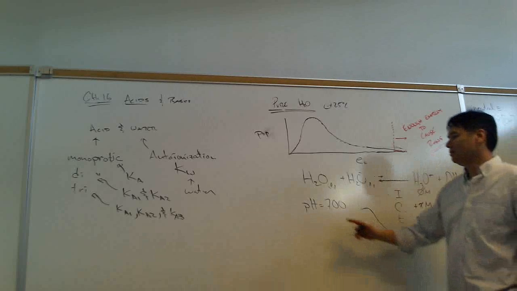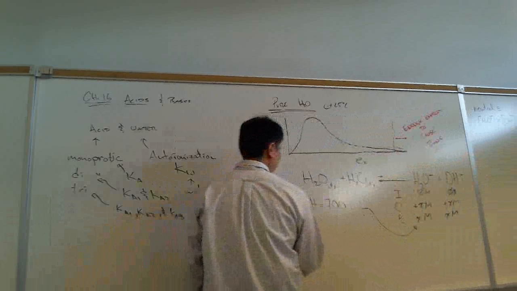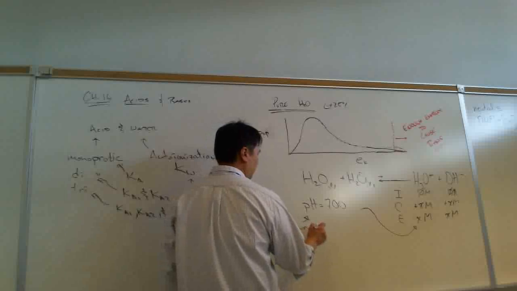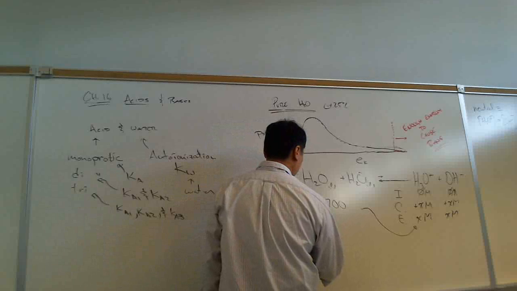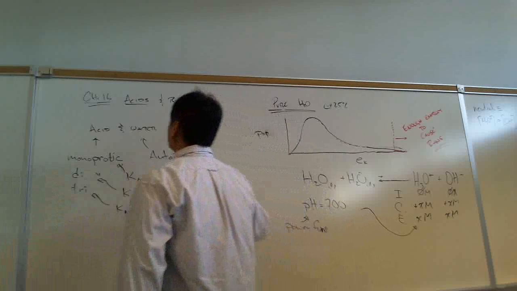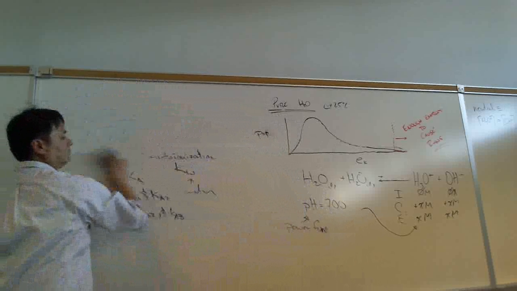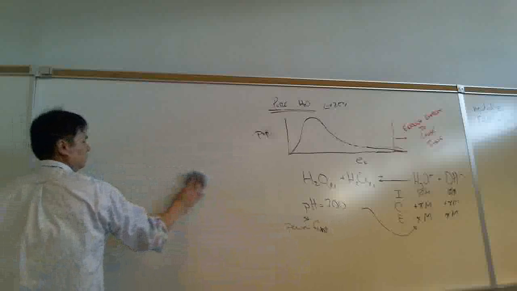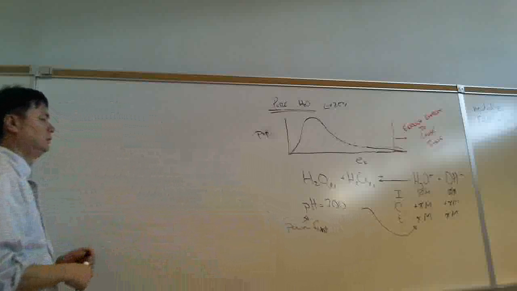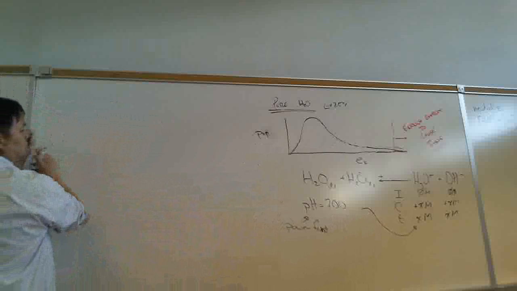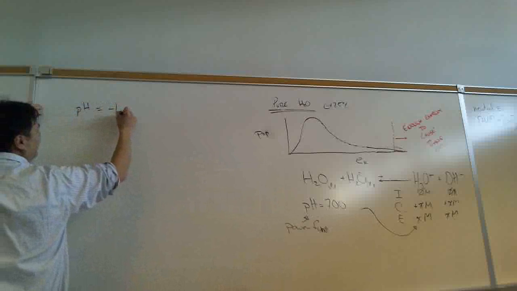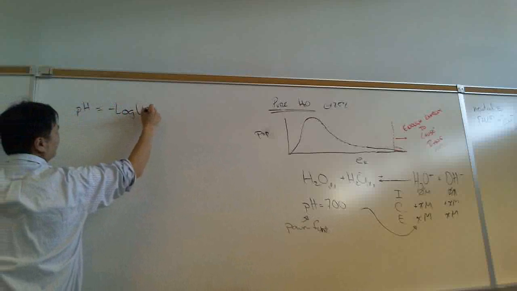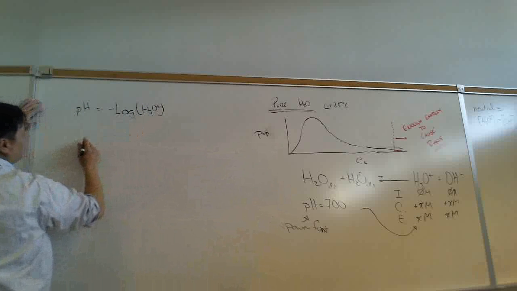Anyway, what we can do is, P is called a power function. So let's just review the power function very quick. pH is the negative log of the hydronium ion concentration or the hydrogen ion concentration.